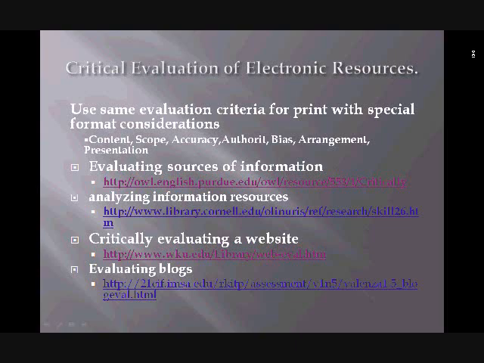So we are still looking at the content, which means what is the intellectual subject matter of the item; the scope, how deep or broad does the information go; accuracy, how accurate and up-to-date is the information resource; authority, how authoritative are the authors of the information; bias, are there any advertisements or organizational biases built into the information resource; and then arrangement and presentation. How easy is it for users to navigate the electronic information resource?